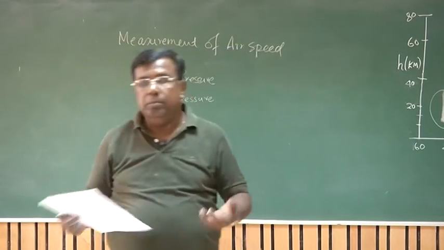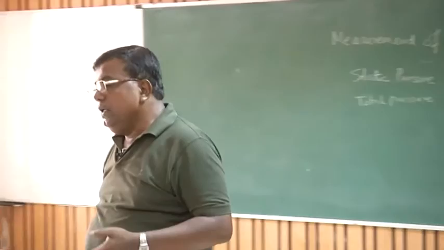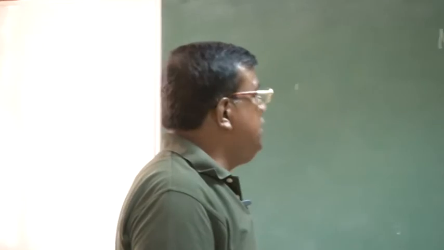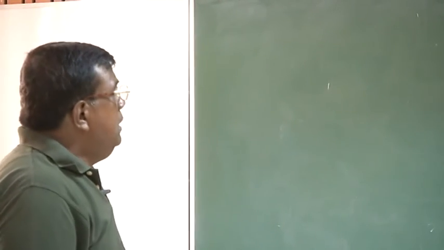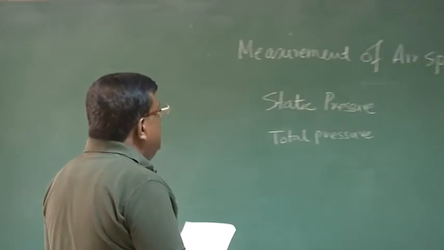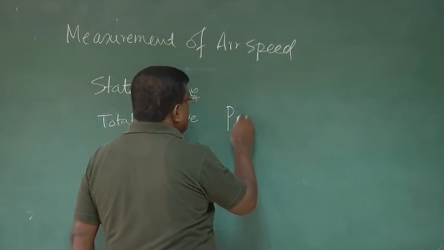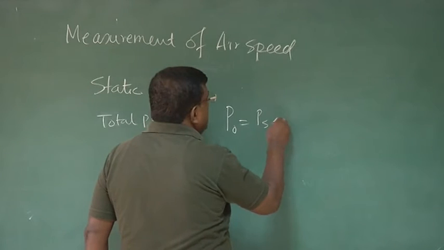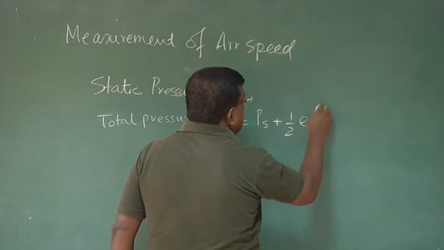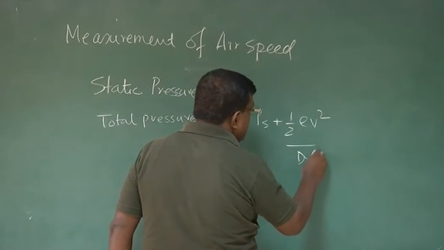In aerodynamics terms, we say you bring that fluid motion to rest isentropically, that is, there are no losses. Total momentum is transferred into force, okay, through pressure. And if you recall, I can always write P total is equal to P static plus half rho V square, which is the dynamic pressure.